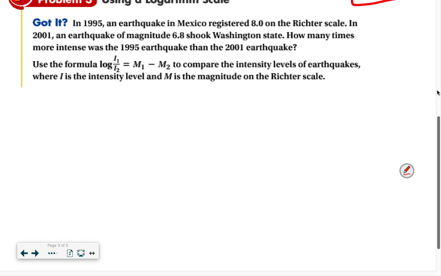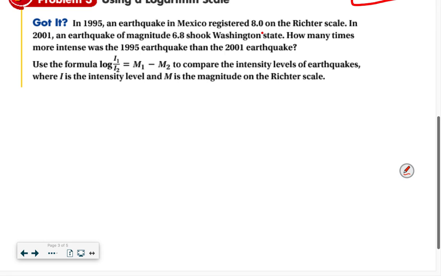We got this nice formula where I's are intensity, and my Richter scale measurement is my M's, the magnitude. Okay. So what do I know? Do I know the intensity levels? No. Do I know my M's, my magnitudes?